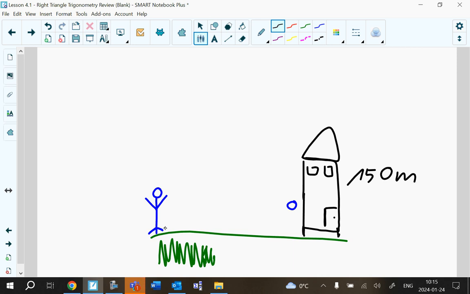I'm not done yet. And the angle between the ground and that line you just drew is 48 degrees. Thank you. And now I want a volunteer to come up and give me the solution when it's ready. Find me the horizontal distance from the person to the building.